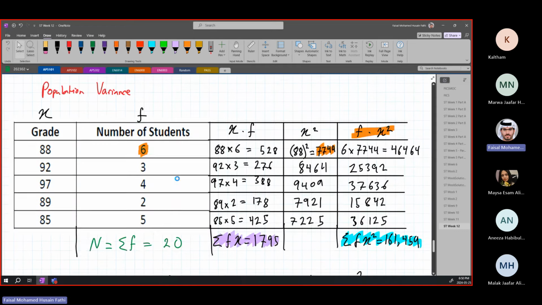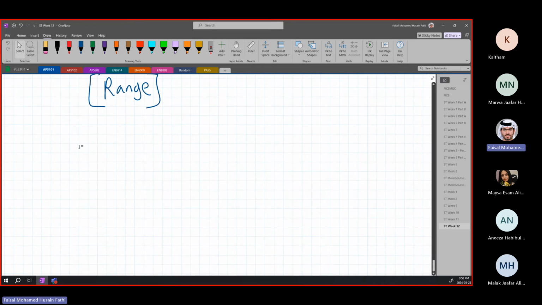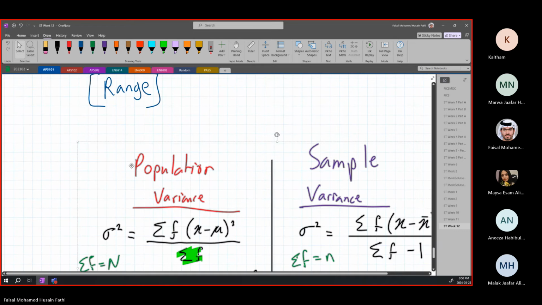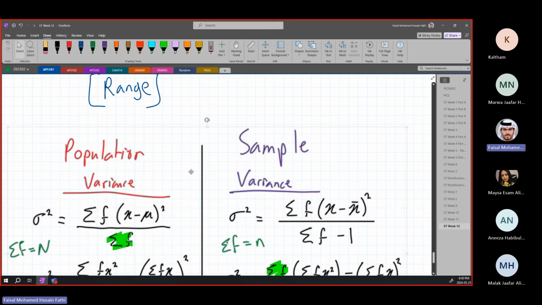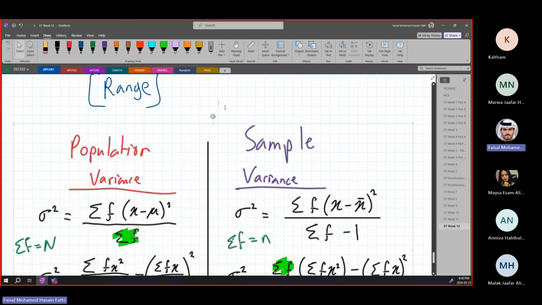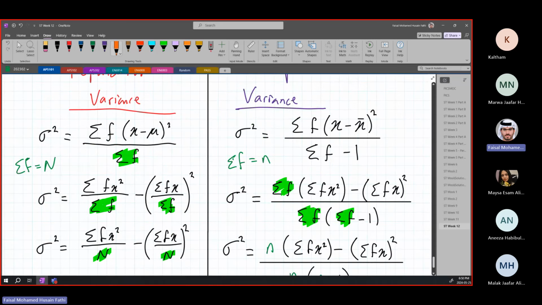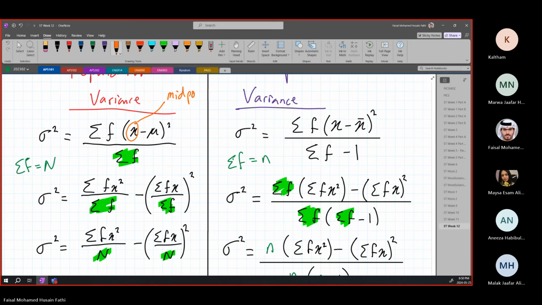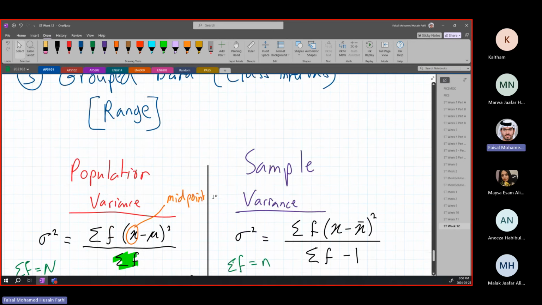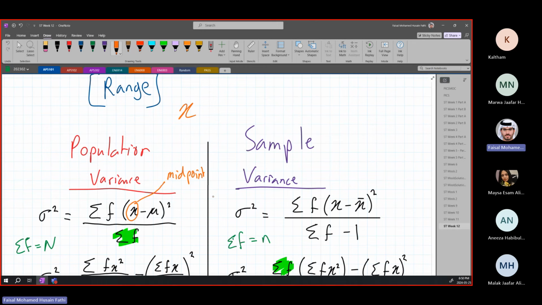The only difference is that we're not talking about single data values anymore. So now, the only difference here is our x value. This is the midpoint. So the difference here is our x is equal to the midpoint value.